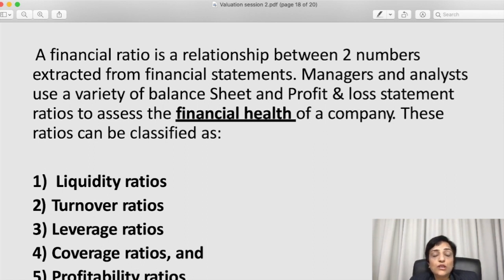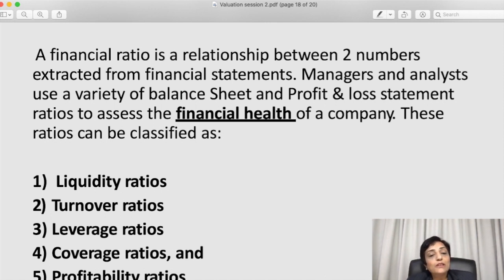Even the leverage ratio, the debt equity ratio, will be used for our valuation purposes when we work with our weighted average cost of capital, or when we look at the financing and borrowing side. The coverage ratios will be used when we are doing the free cash flow to equity, to work with the interest numbers.